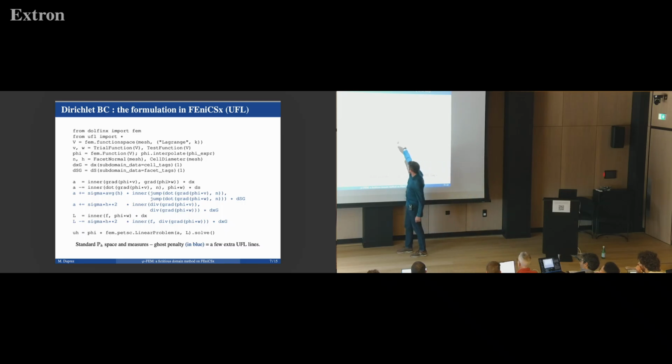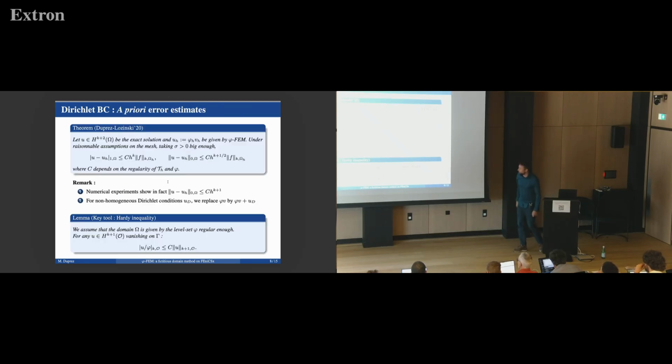Here we have the formulation that I presented before, and the stabilization term with the ghost penalty and the second term, and we solve with the classical solver. And this formulation is available for every Lagrange shape function, of every degree of approximation.